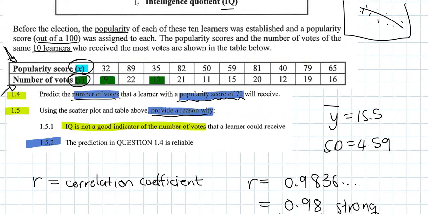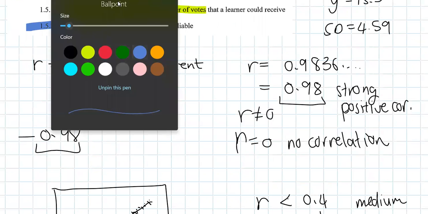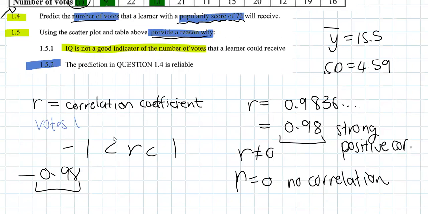You can say because R is 0.98, therefore the votes to popularity correlation is very strong. Right, that concludes question 1.